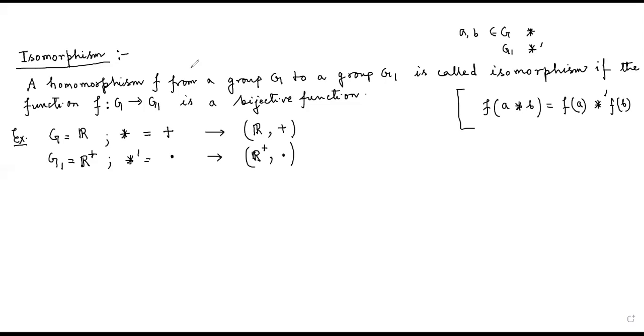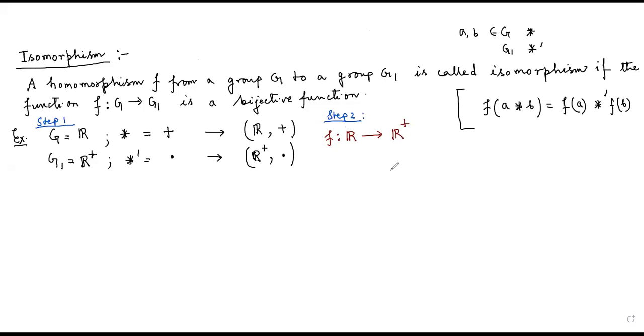After that, this is my step one. Once we find two groups, we try to define a function from one group to another. So we are going to define a function from R to R plus.